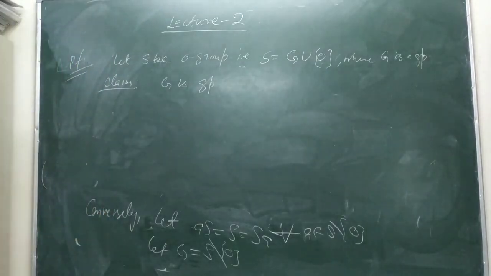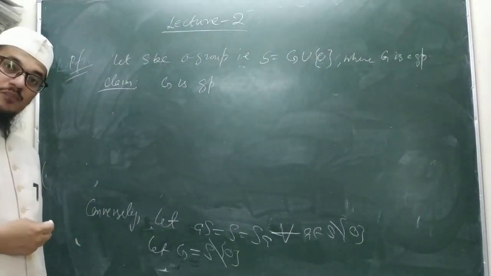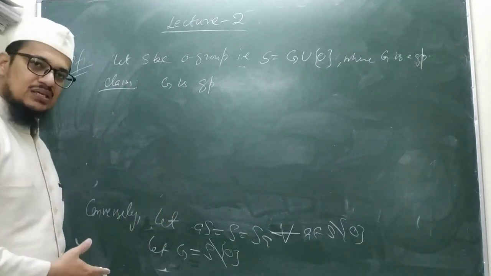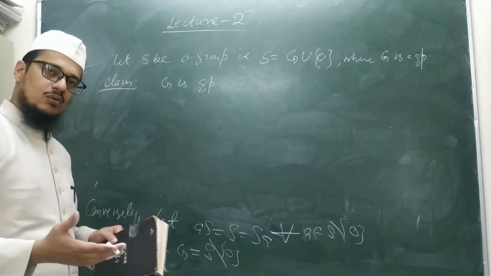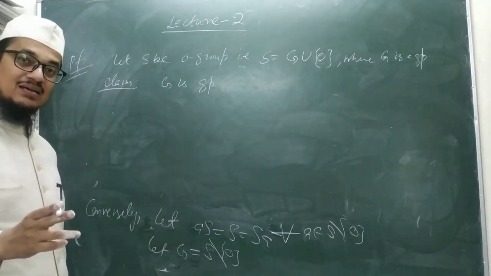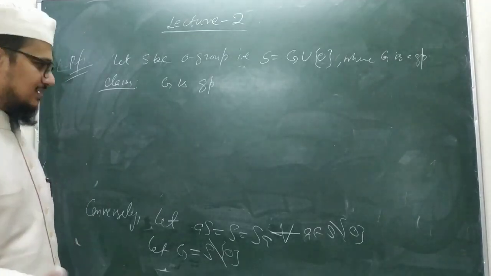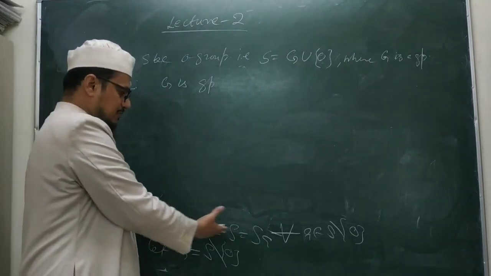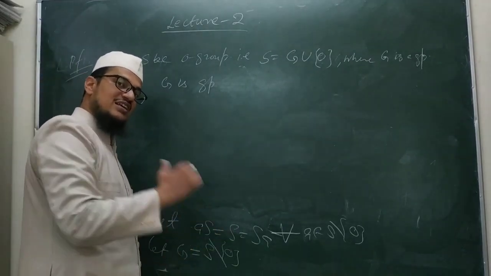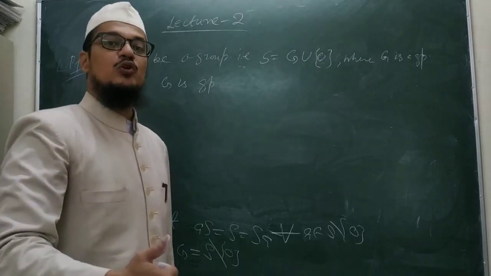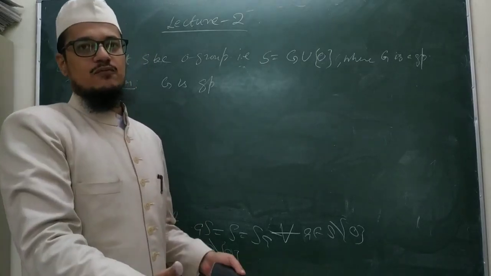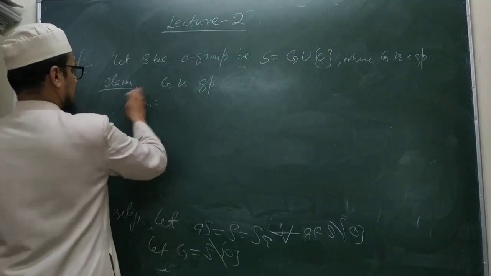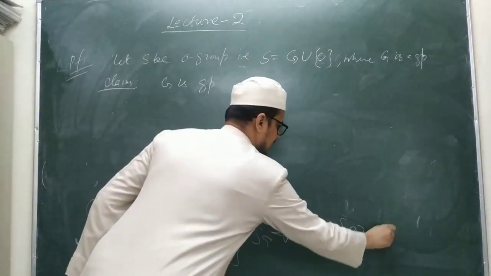But before proving G is a group, first I have to tell you what this condition implies. Is the set non-empty or empty? It implies that G has more than two elements, isn't it? Because if this condition holds, it means that for every A, B belongs to S, there exists some X, Y belongs to S such that AX is equal to B and YA is equal to B. So you just write this condition as 1.